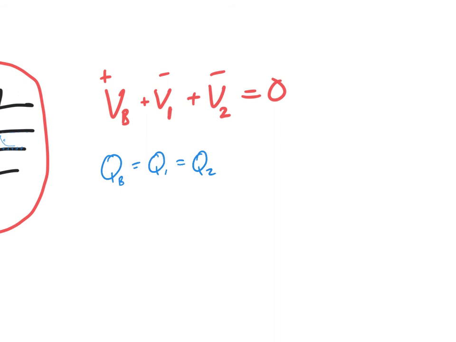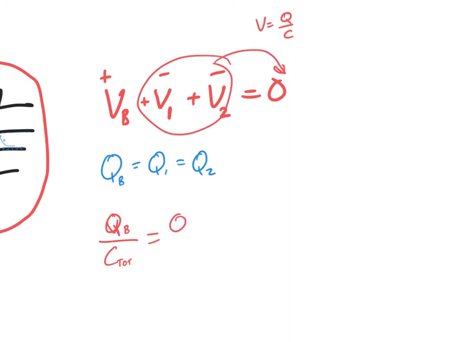I'm going to replace the voltage equations with V is equal to Q over C. So I get VB turns into charge from the battery, divided by the total capacitance. And the negatives, I'm going to move to the other side.